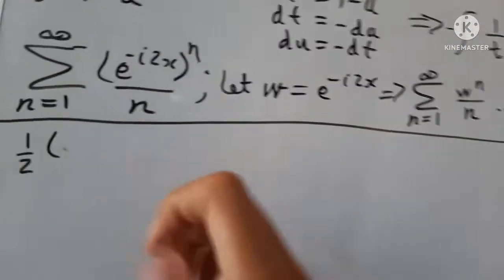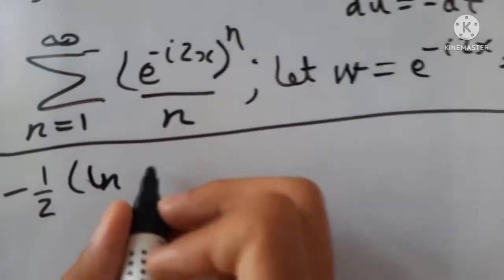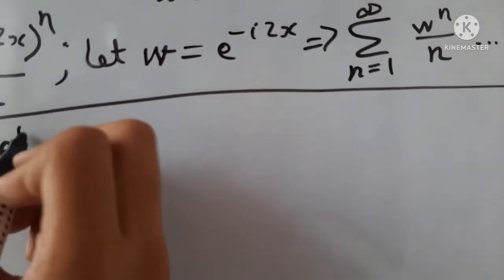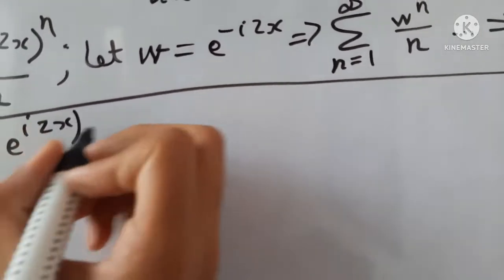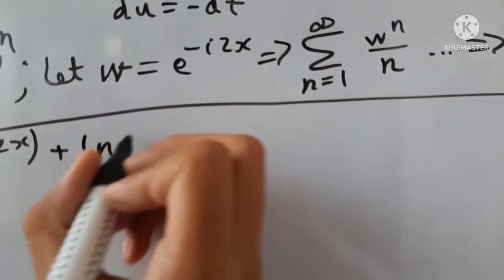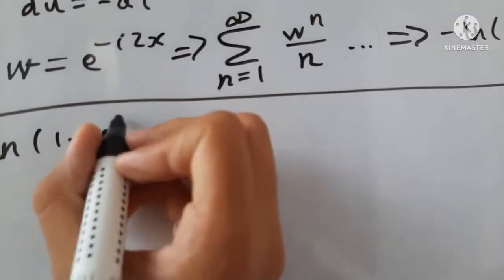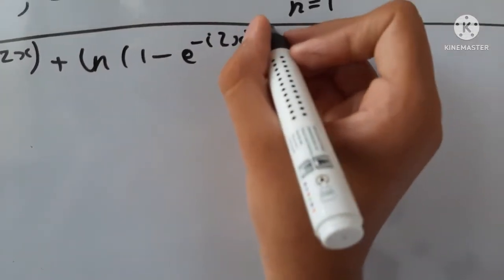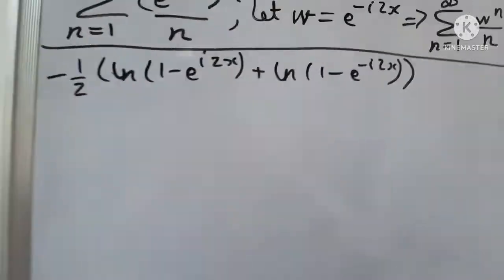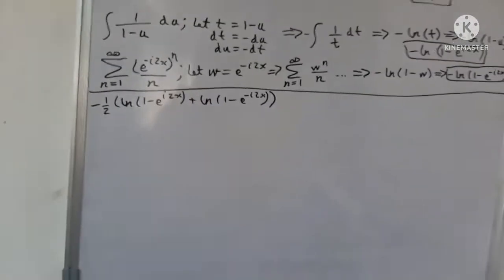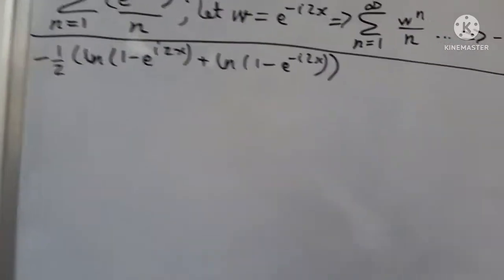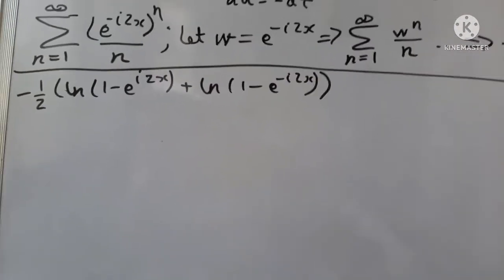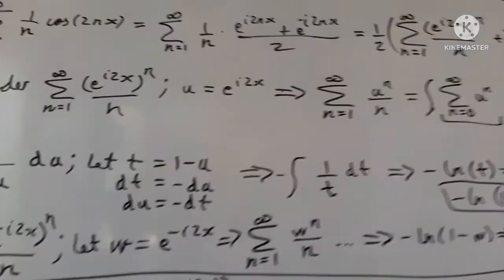Negative 1, so ln of 1 minus e to the i 2x plus ln of 1 minus e to the minus i 2x. Another bracket there to close off that stuff. Hopefully it's not that tough to see where that's coming from, because it's literally what I did just now.